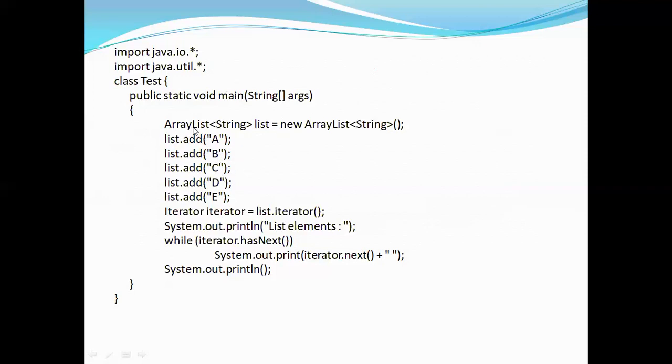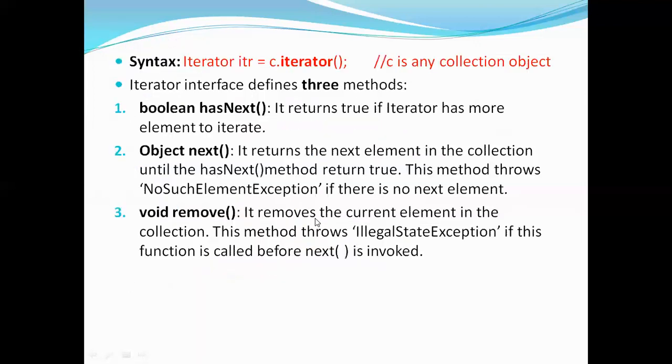Now what we have to do is print all these elements from the list one by one. Now let's see how I'm doing it. I'm doing it with the help of an iterator. You can't use an enumerator for this because enumerator doesn't support this. What is the syntax? We have to use Iterator, its object equals c.iterator.